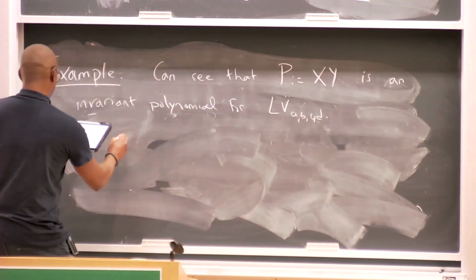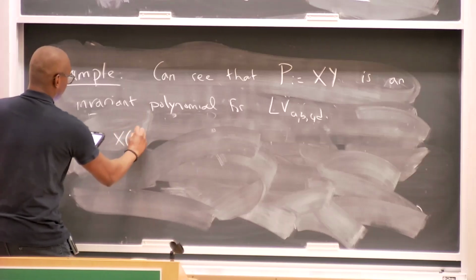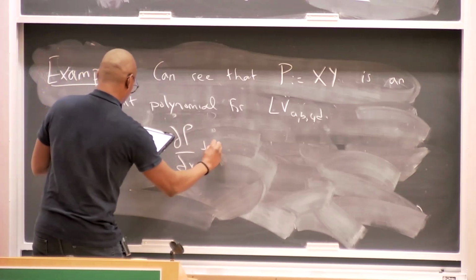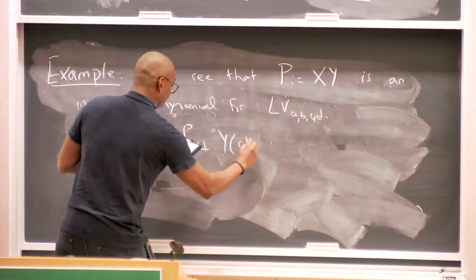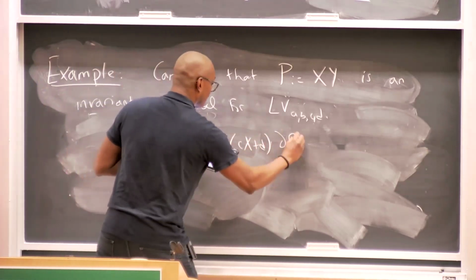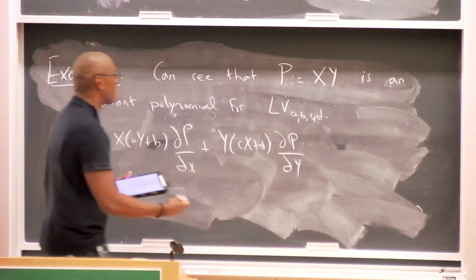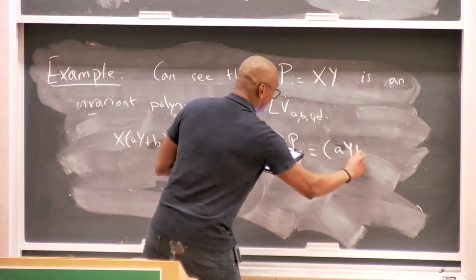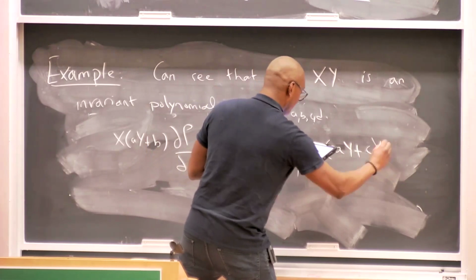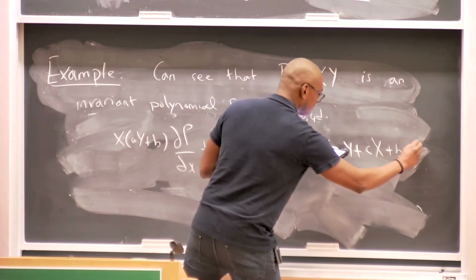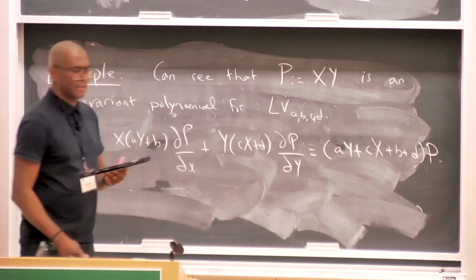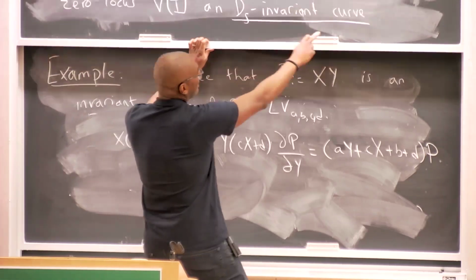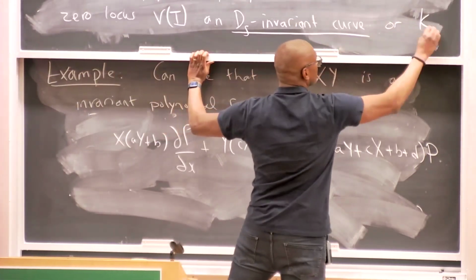Indeed, it's not hard to check that if you compute this derivation, you can rewrite the whole thing in terms of the original P plus this as Q. And usually we say that this is a DS invariant curve over K.